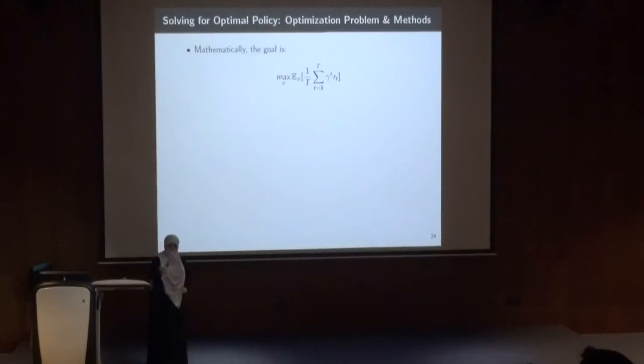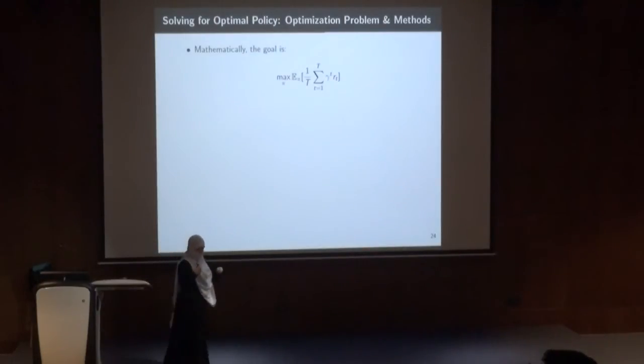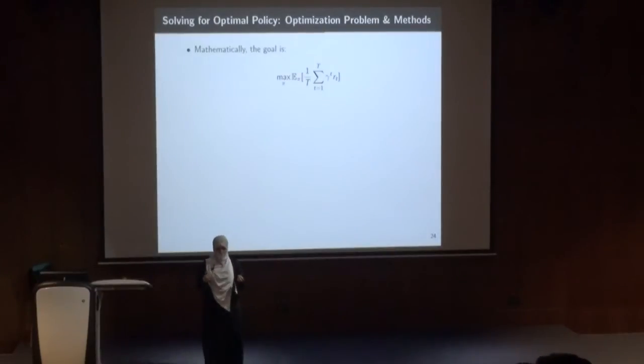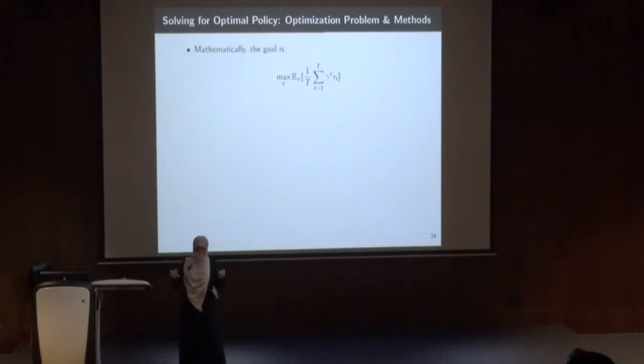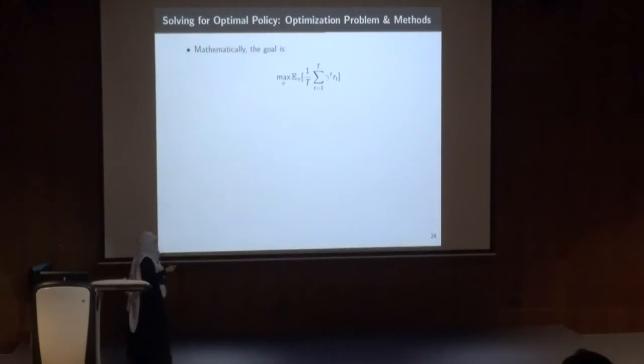I mean, if I say that the reward at this state could be A with probability 0.9, and B with probability 0.1, then my expected reward would be 0.9 times A plus 0.1 times B, right? So because of the stochasticity, I have to introduce this expected value.